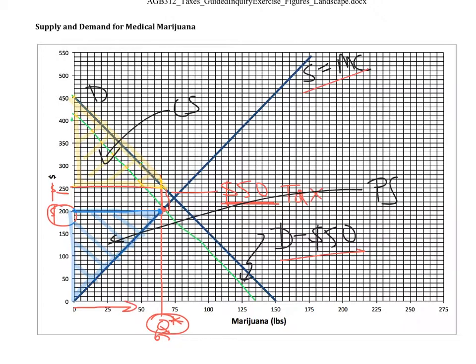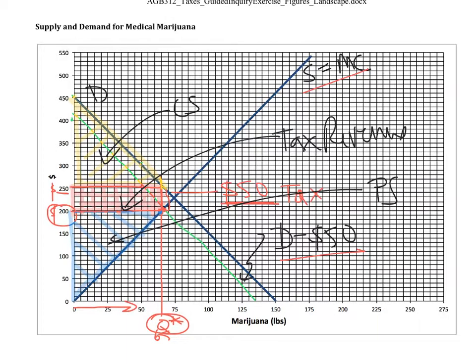And next we have to identify the tax revenue. So $50 times the quantity of 65. So the area of this rectangle represents the tax revenue.